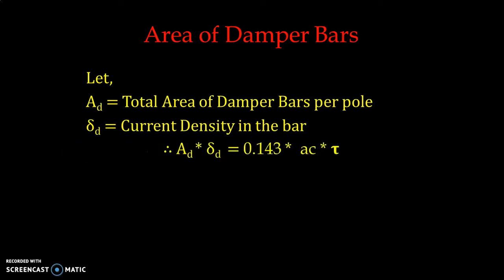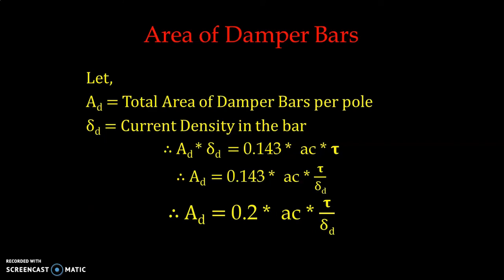If we take the product of AD and delta D, that is total area of the damper bar and current density, then it must be equal to the magnetomotive force to be generated by the damper bar, which we have calculated as 0.143 multiplied by AC and multiplied by tau. So from this equation it is very simple to calculate the total area of the damper bar per pole, and that becomes 0.143 multiplied by AC multiplied by tau and divided by delta D.